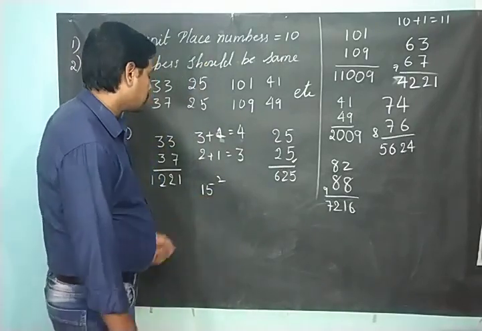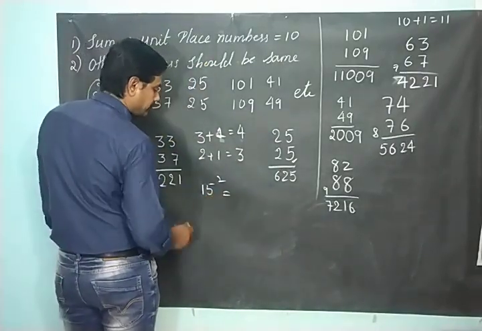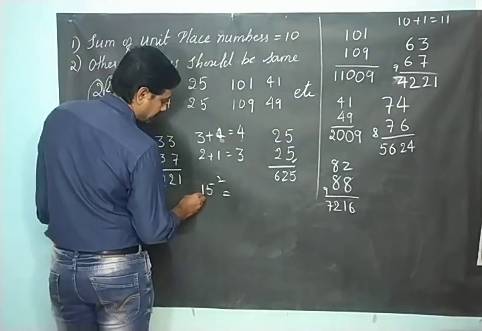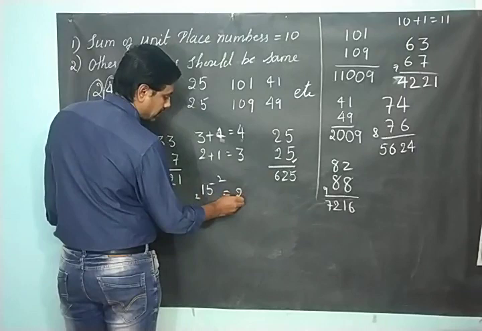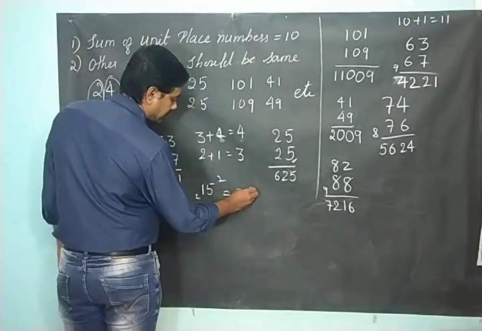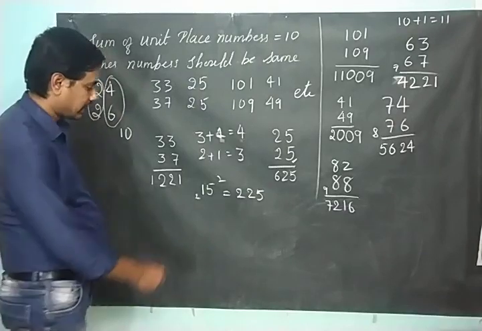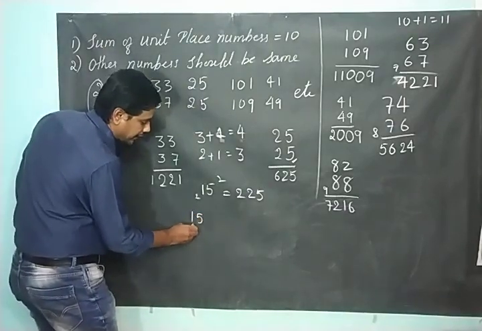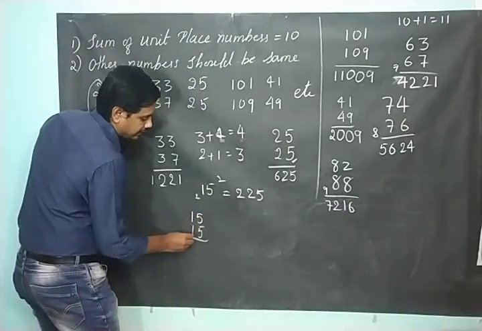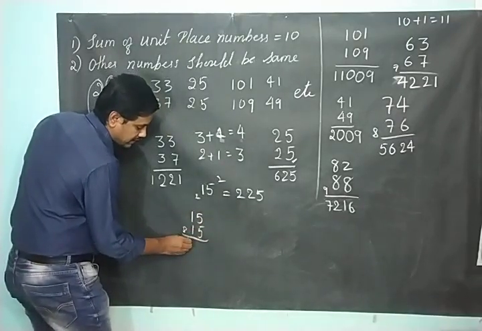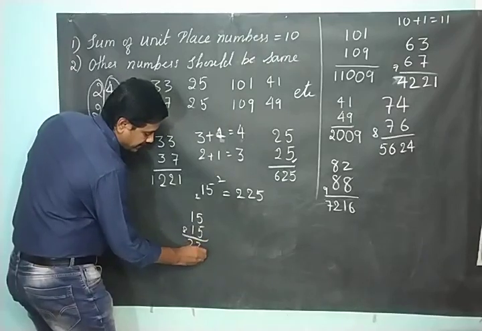So what is 15 square? 1 plus 1 is 2. 2 into 1 is 2. 5 square is 25.